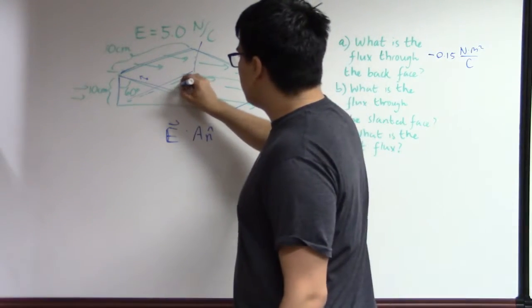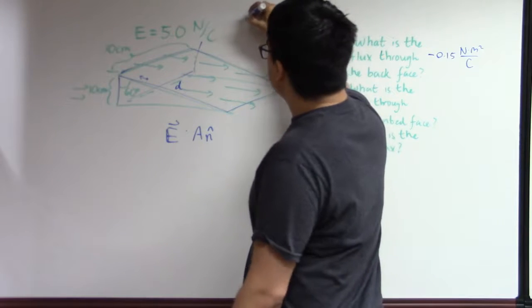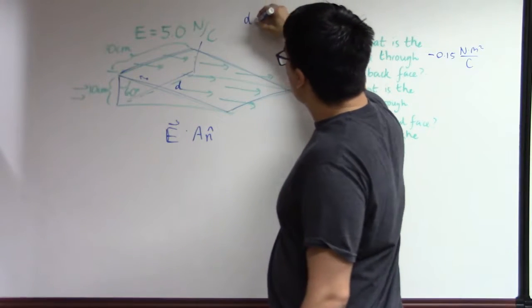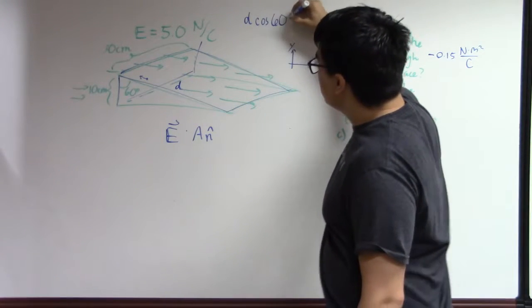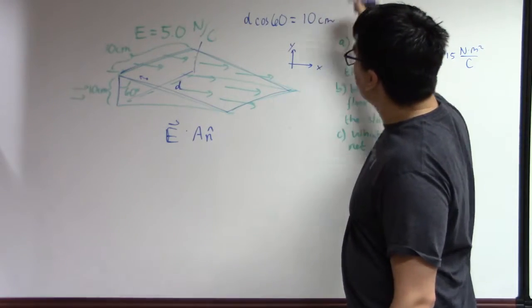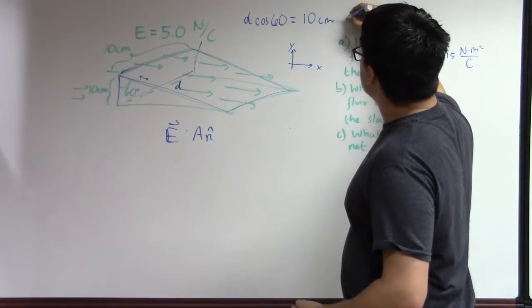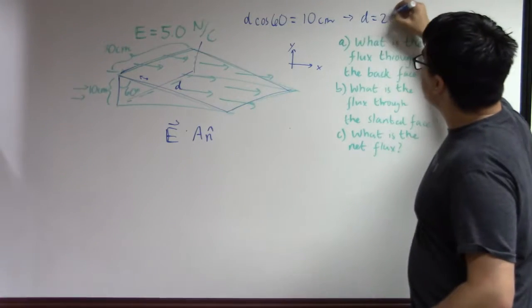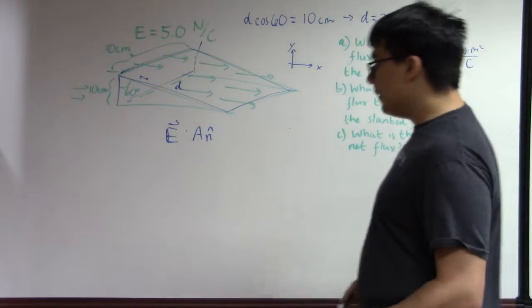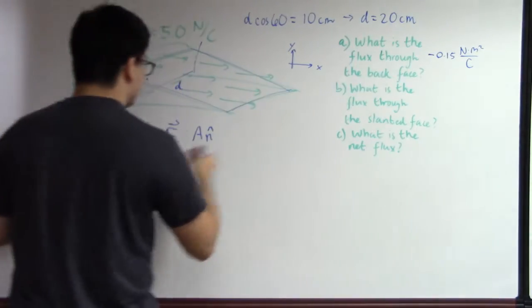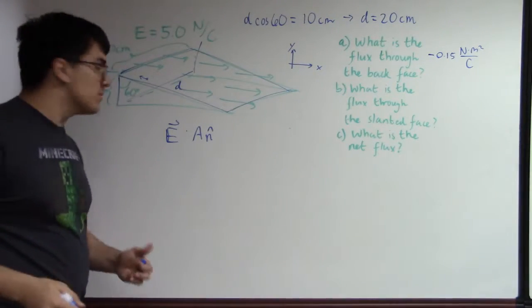If this length, I'm going to call it d, d cosine of 60 is going to equal our 10 centimeters. Cosine of 60 is just going to be 1/2. So d is just going to be 20 centimeters. Okay? So the total area of this is going to be 0.06 meters squared.